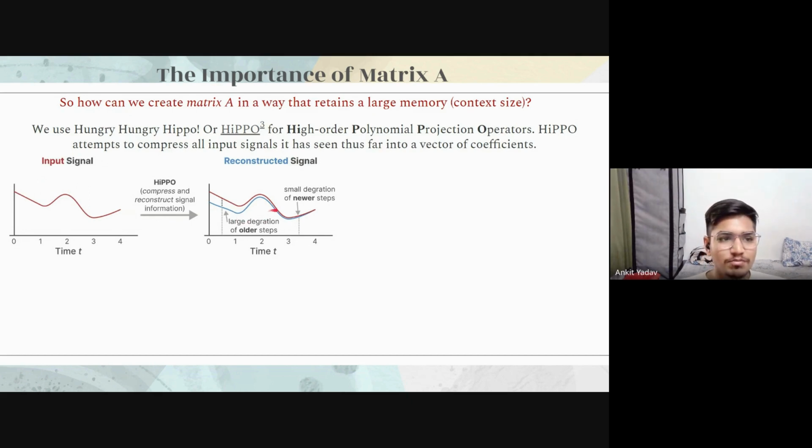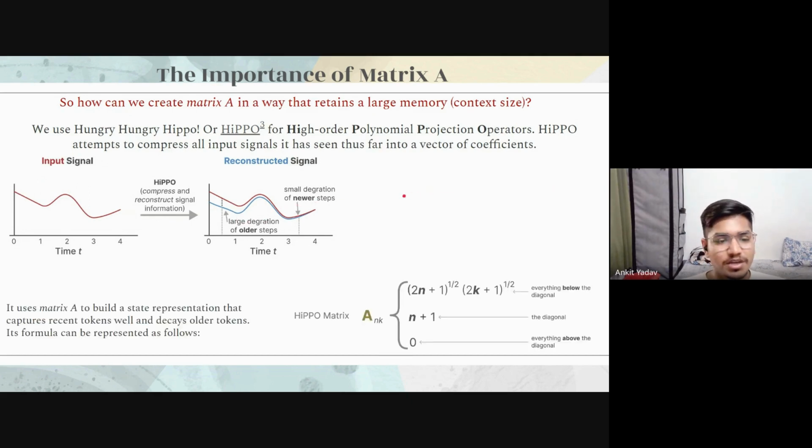So they use something like this, and the formula is something like this. I haven't gone through this paper. I'm just telling you this is the methodology they are using for capturing the previous context.